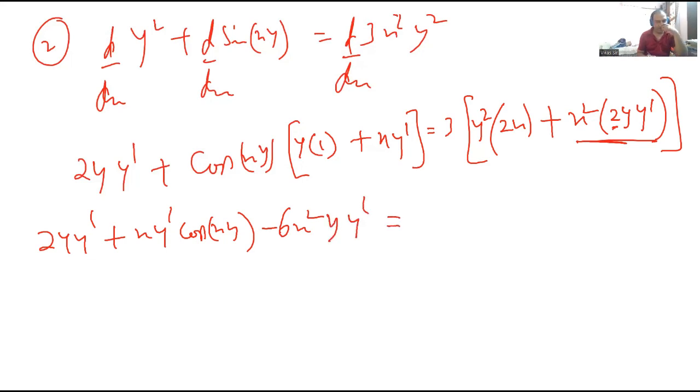On the RHS you will have the first term, minus y cos(xy), and plus, since it goes there, the sign changes, 3 times 2, 6xy squared.